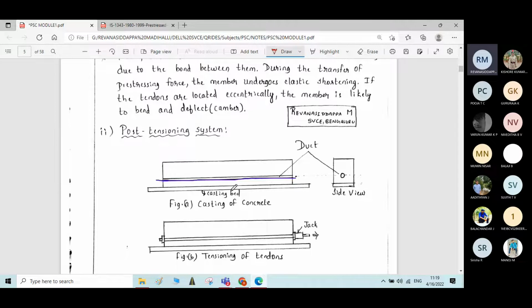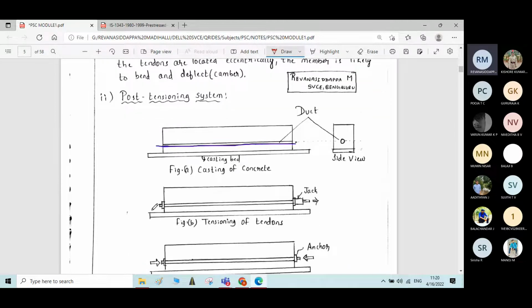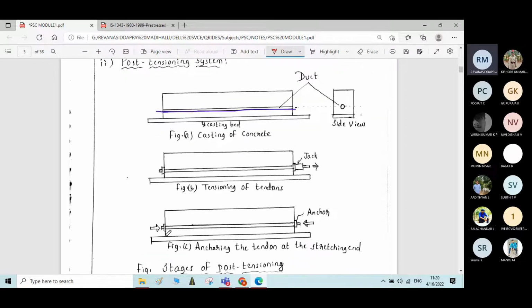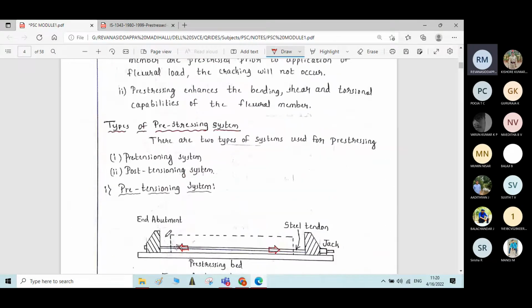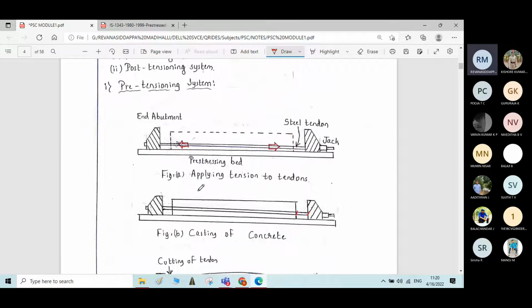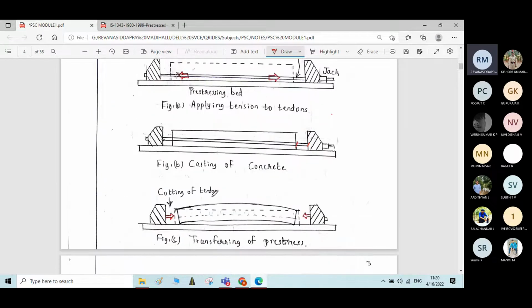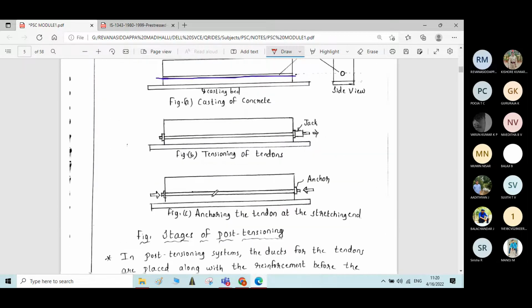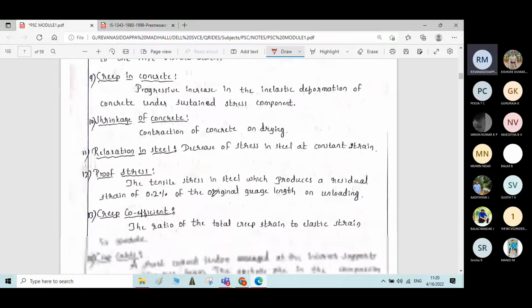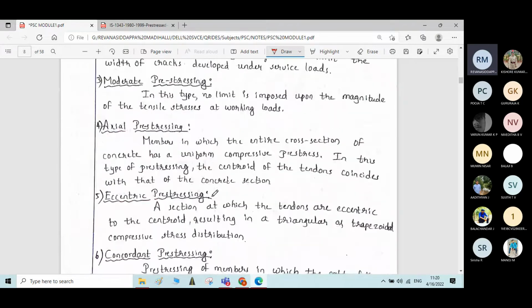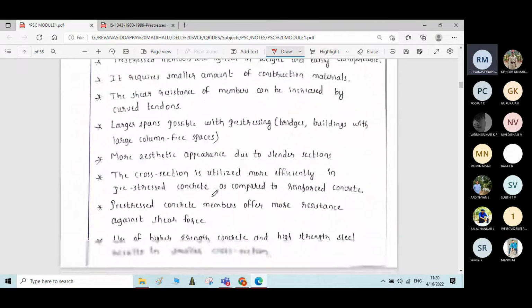After that the concrete will be poured and hardened, and after that inside the duct the tendons will be taken. In case of the pre-tensioning system it is not so. Without a duct, there is direct contact between concrete and the tendon. Therefore, in the cost comparison, the cost of the post-tensioning system is higher compared to the pre-tensioning system.